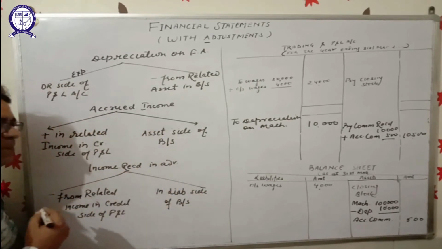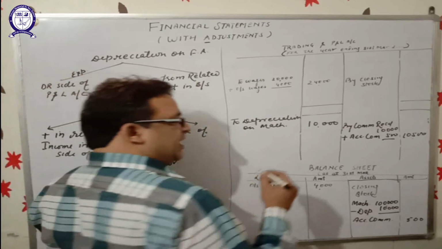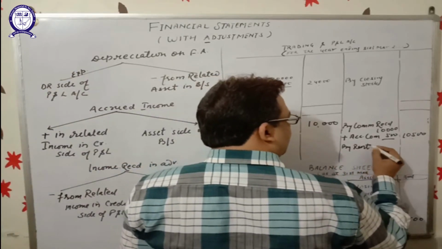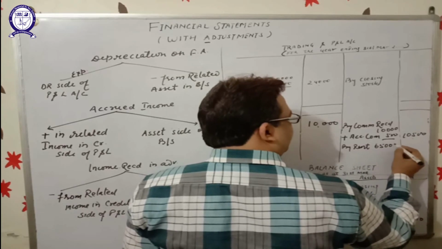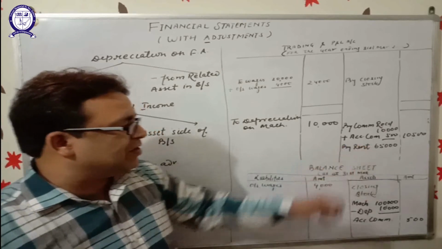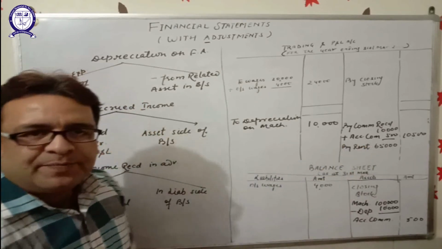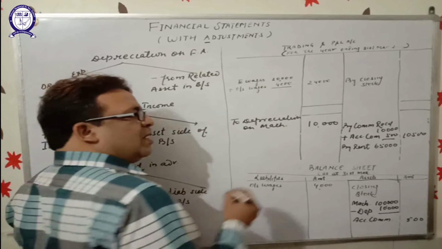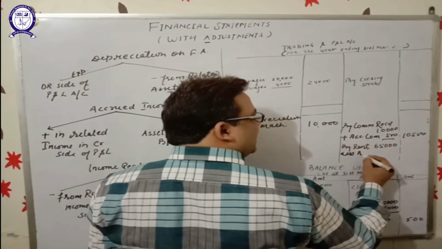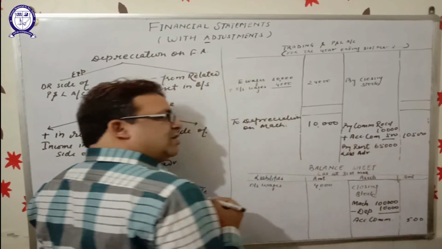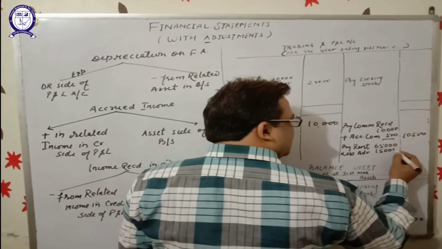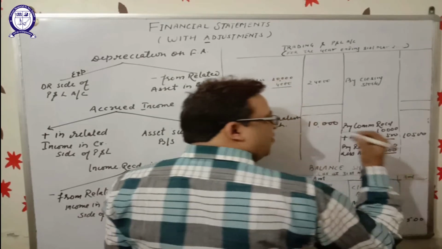Let us take an example. Suppose in trial balance rent received is given 65,000, and in adjustment it is given that out of 65,000, 15,000 is related to next year. That means 15,000 is not an income of current year.